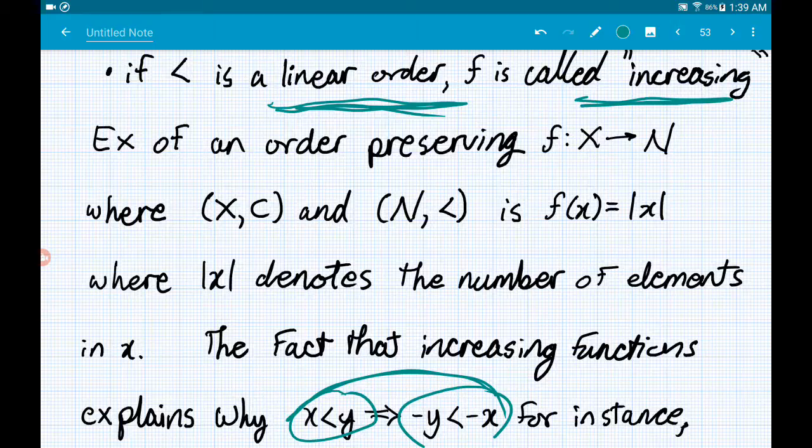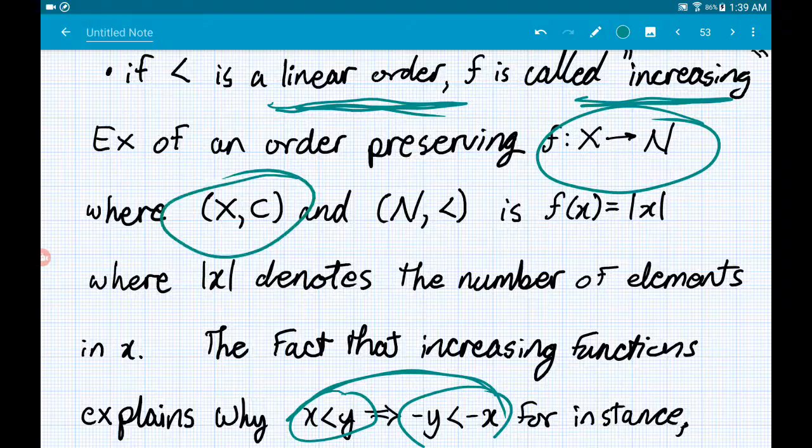An example of an order-preserving function would be one from sets to the natural numbers, an arbitrary set x to the natural number, with sets ordered by the subset relation. I suppose I should specify that, in fact. And the natural numbers are ordered by the less than relation, and we map according to the cardinality.